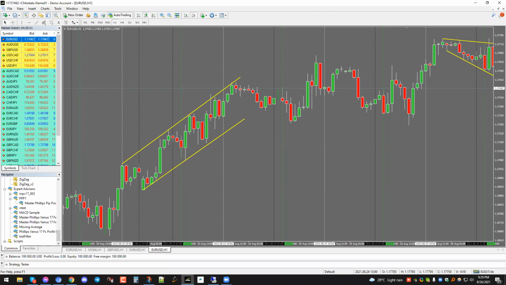So different people try to refer to these patterns by different names, but basically they're all the same. So here we got this descending, expanding wedge or expanding triangle, whichever way you'd like to look at it. And it is a bullish pattern. That's all that matters. All that matters is, is the pattern bullish or bearish?